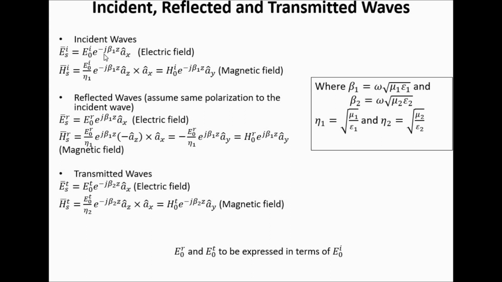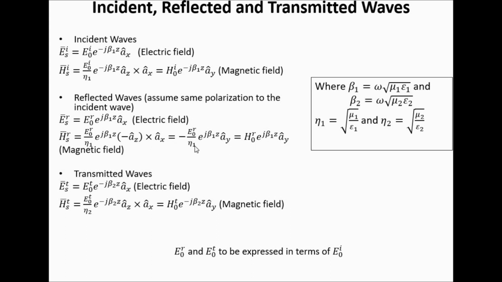As the incident wave propagates in positive z direction, the reflected wave will be in negative z direction. So here it is plus j beta 1 z. Be careful: the reflected wave will always be in the opposite direction of the incident wave. And for the reflected wave magnetic field, we get the expression like this.